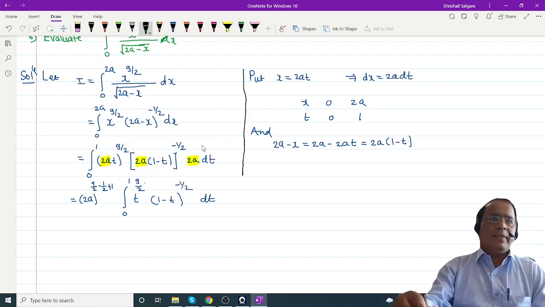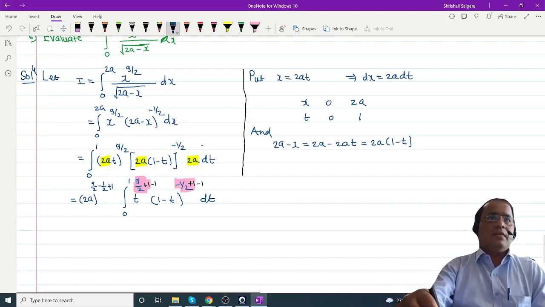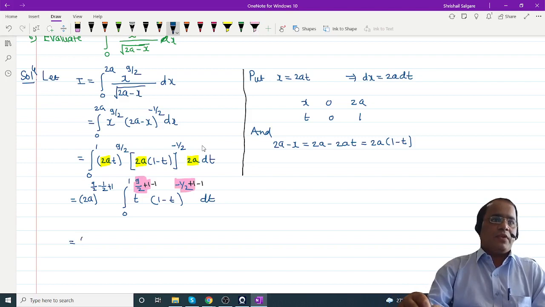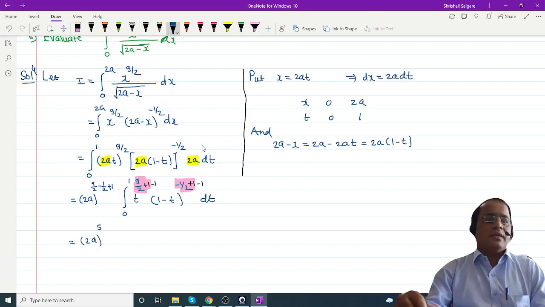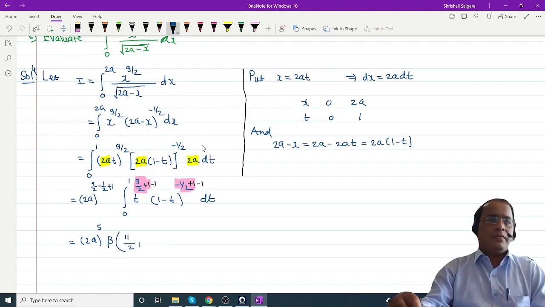Now here I will make the adjustment. This is plus 1 minus 1, and this is plus 1 minus 1. And it defines beta of this one and this one. So first, what is the power of 2a? 5. Into beta of the first parameter 11 by 2 and 1 by 2.